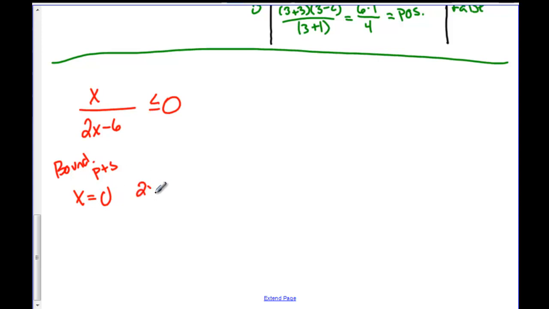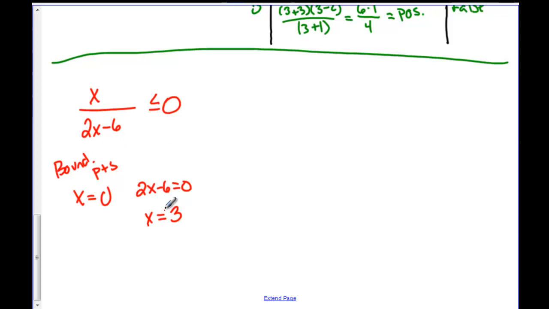Then we set 2x minus 6 equal to 0. Whenever we solve, we move the 6 over and make a positive 6. So 2x equals 6. Divide both sides by 2 and we get x is 3. But we know that x can never actually be 3, because that's going to make the denominator 0.